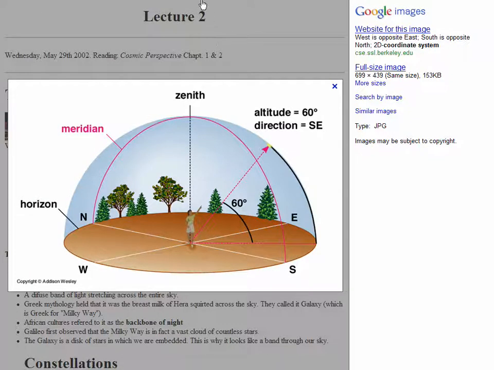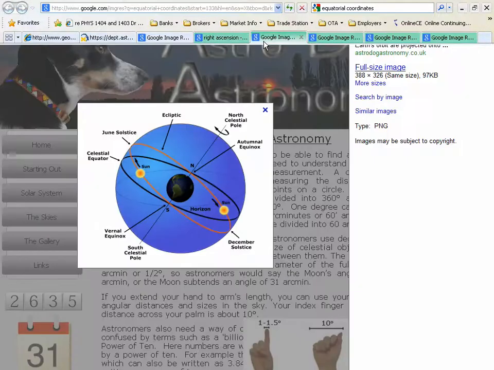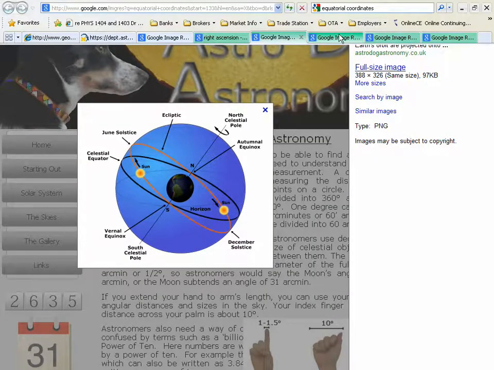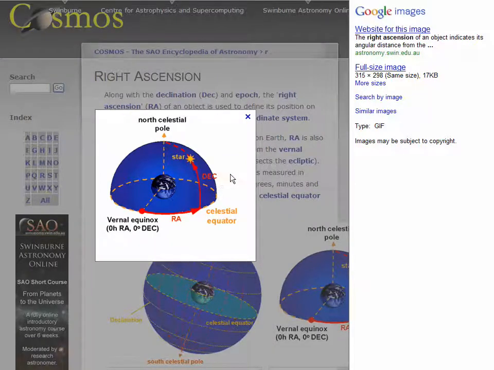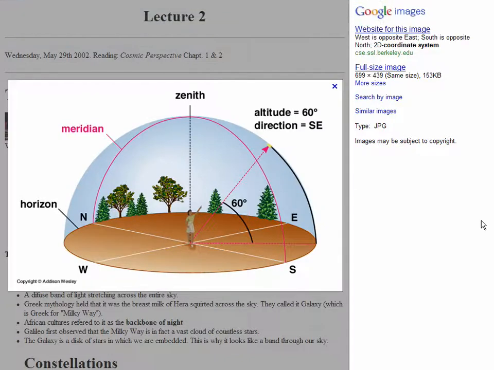The third coordinate system that we talk about is the celestial coordinate system, also known as the equatorial coordinate system or coordinate grid. Now, let me back up a little bit and say a couple of words about the local coordinate system.